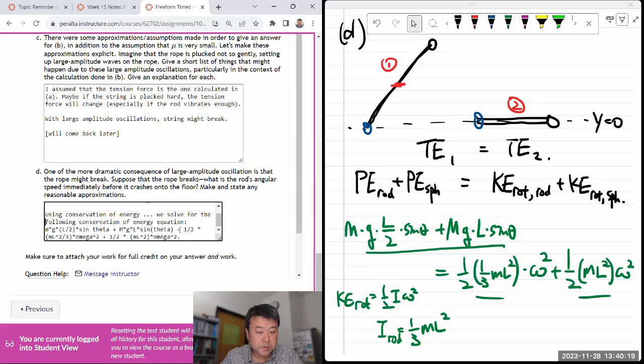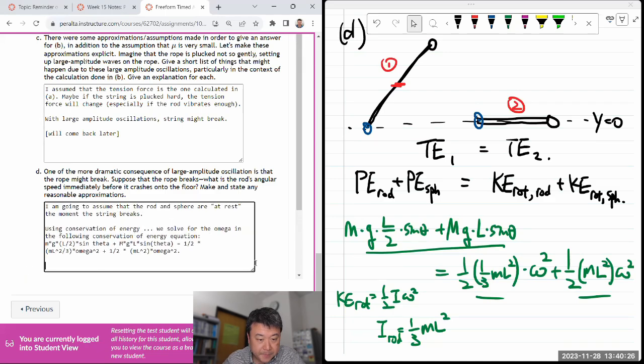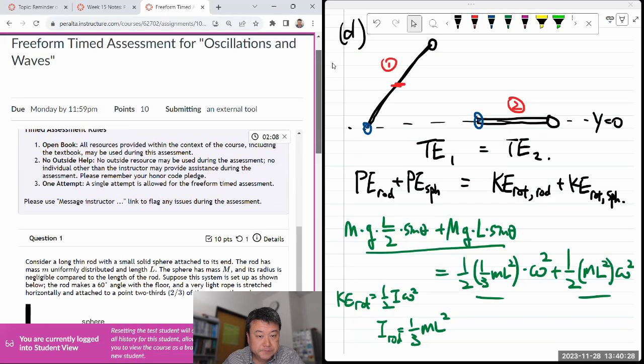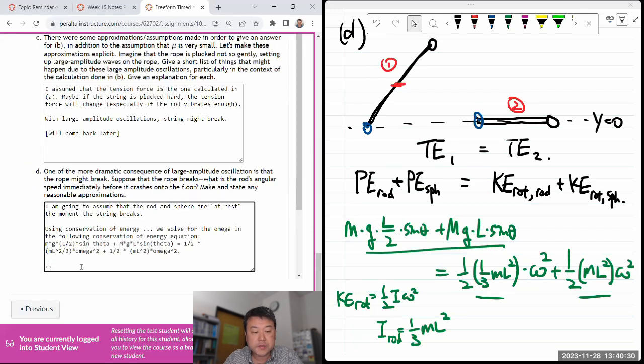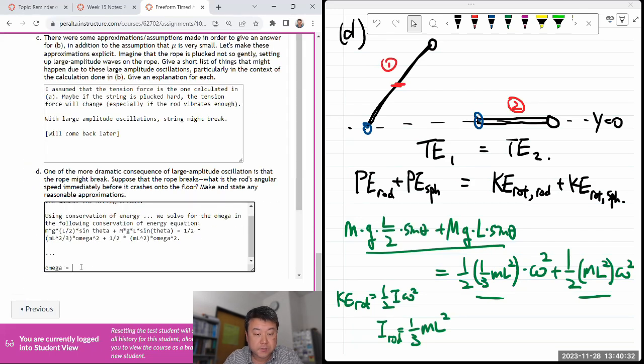Solve for omega in the following. So can I do this in my head? Possibly. So doing this, you get omega is equal to, so m g L.